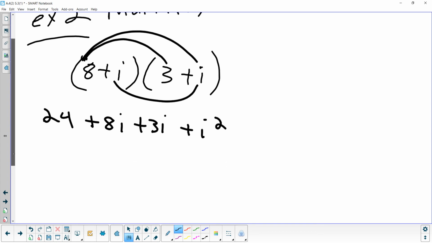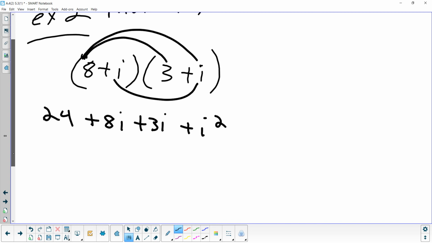All right. Now, so we don't have to rewrite it a whole extra time just for that one thing, let's put right above it what i squared is going to be. Mateo, what did we say i squared is? Then what did we change it to in the last problem?